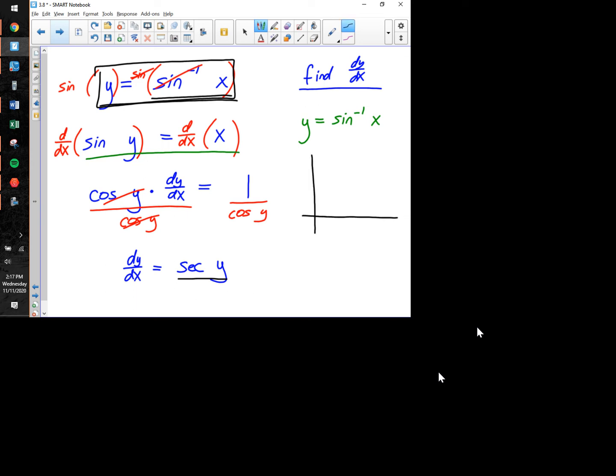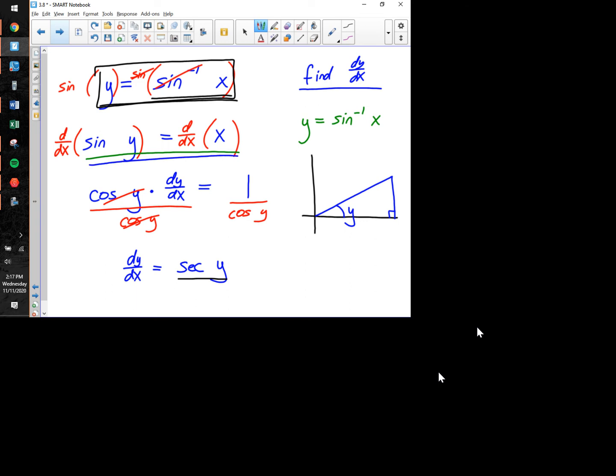So I'm going to draw myself a first quadrant angle. I don't really know what it is and I don't really care what it is. But in a first quadrant angle, the angle we're taking the sine of, everybody, is y. I'm not going to put a degree sign there because this could be in radians. Y is the angle. And the sine ratio of y, the sine of y, is equal to x.